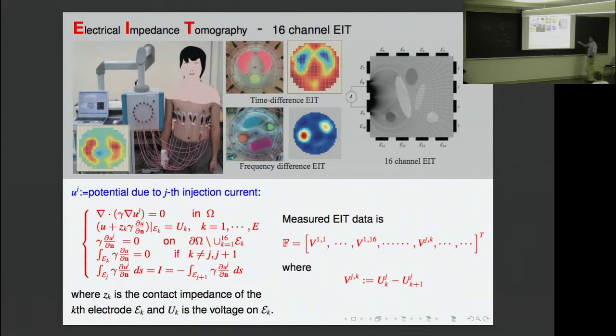But look at that. If you inject the current, if you apply the Neumann data, then this is a solution of the elliptic PDE. But the structure of the elliptic PDE is not much depending on this thing, mainly depending on the electrode position and the geometry of this thing.